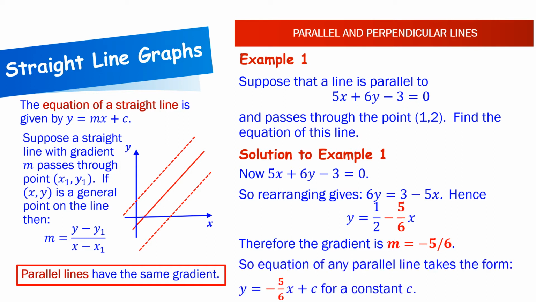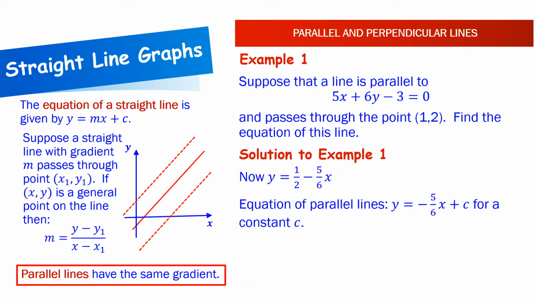So the equation of any parallel line takes the form y equals minus 5 over 6 x plus c for a constant c. We will input x equals 1, y equals 2 in this equation.